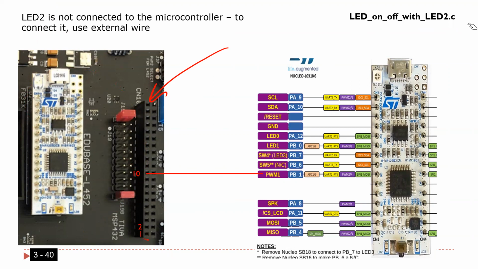This way, you need to make a wire. You need to connect this pin to this one here. Here you have to count 1, 2, 3, 4, 5, 6, 7. So this is the pin here, and then you connect an external jumper from here to here, and then run it. The program should work.